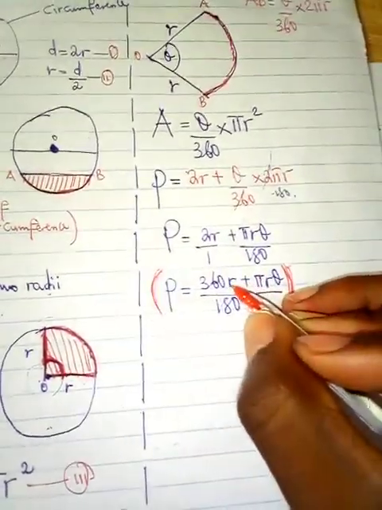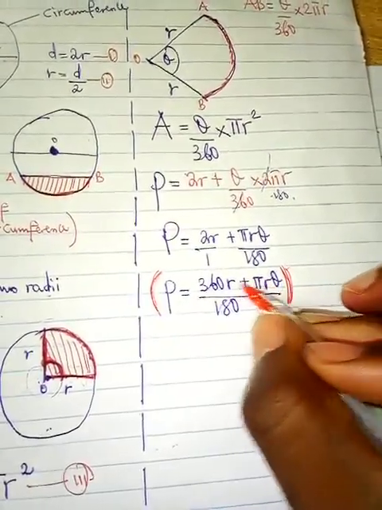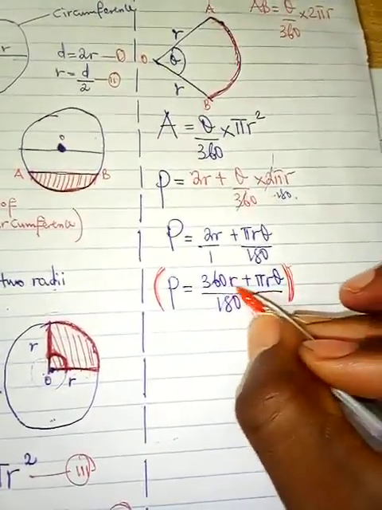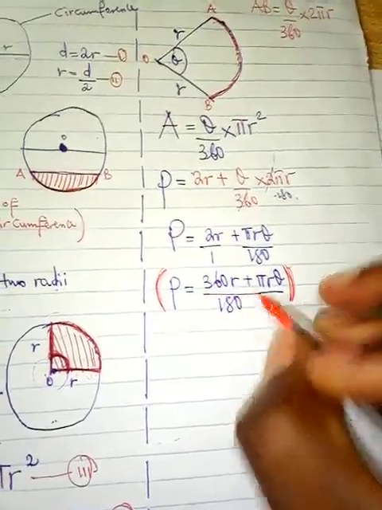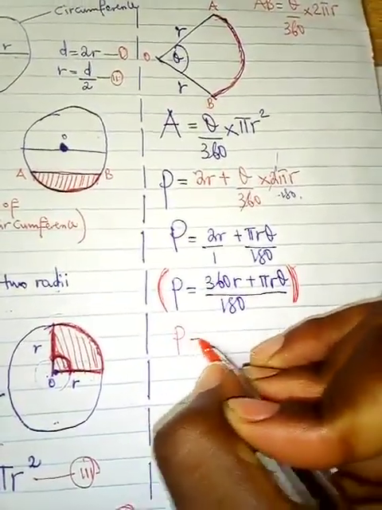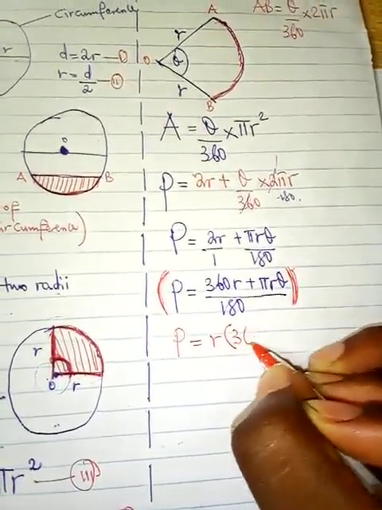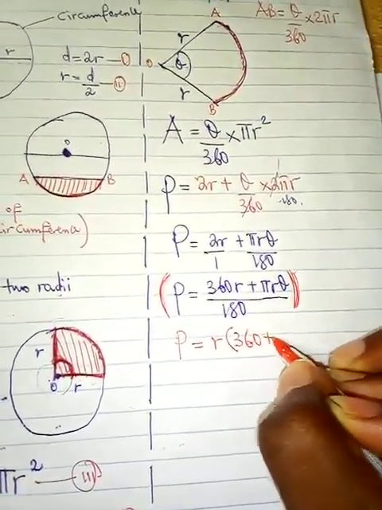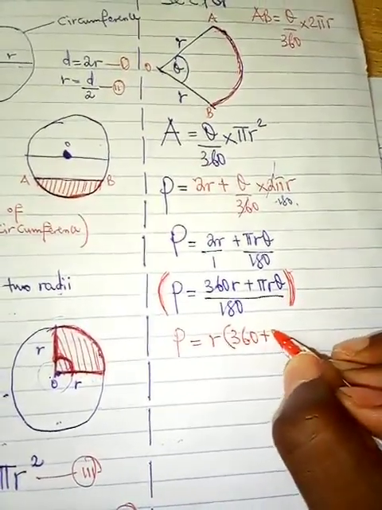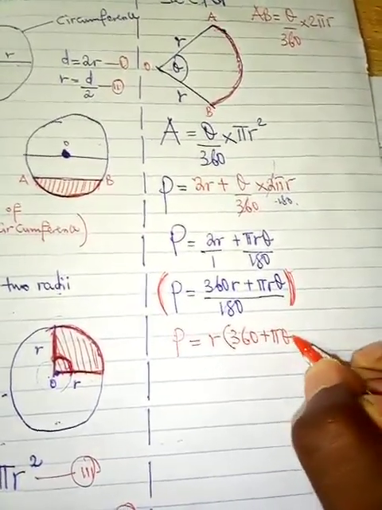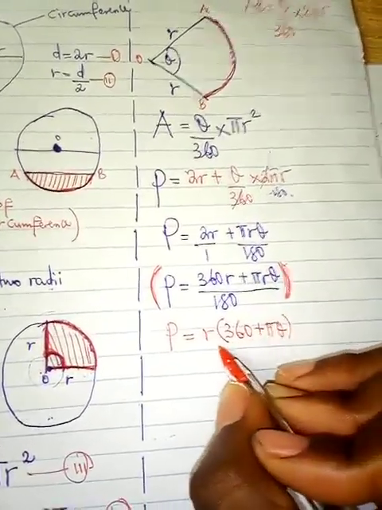Of course, you can factorize it so that you have your r from the outside. Let me just write it. Then this is going to be r times 360 plus pi theta, over 180.